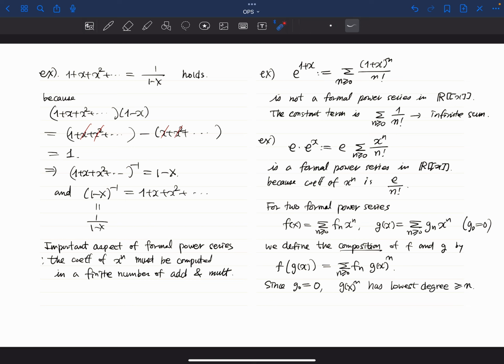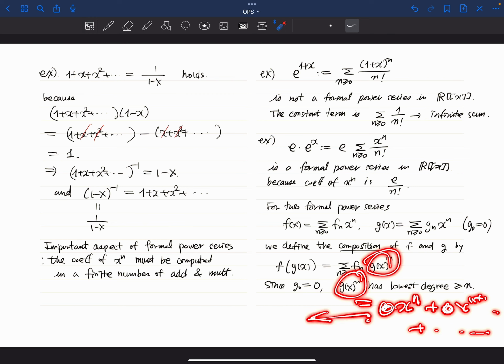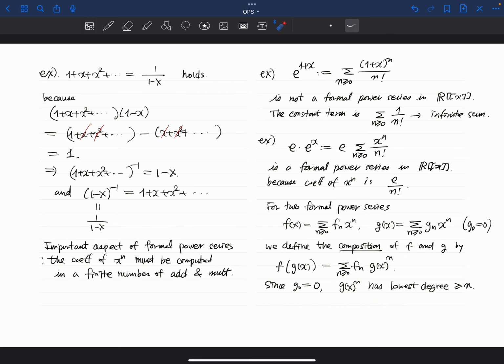That means every term appearing here has degree x to the n, x to the n plus 1, etc. We have some coefficient, could be 0, but it looks like this. So everything before x to the n has coefficient 0. Because imagine this is like g_n x to the n, g_(n+1) x to the n plus 1, etc.